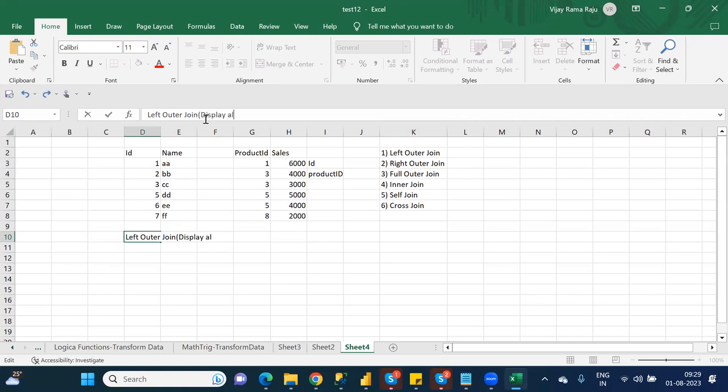Display all the records from the left side table and matching records from the right side table. This is the definition. Is it clear or not? What is a left outer join? Display all the records from the left side table, matching records from the right side table.